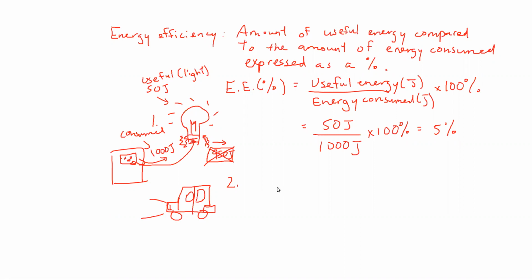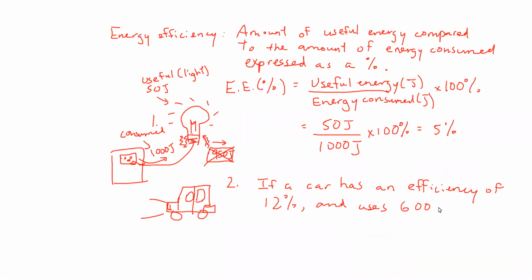Let's say a car has an efficiency of 12%, which is pretty awful too, and uses 600,000 joules of energy to turn the wheels. Determine the chemical energy consumed.